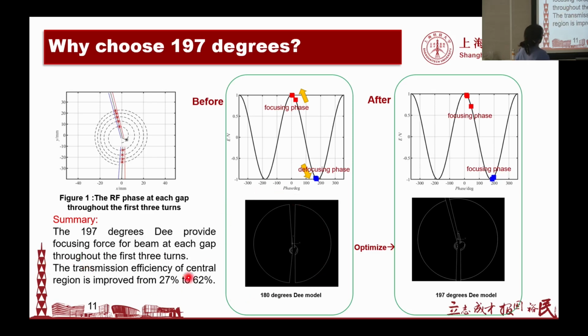In order to improve this efficiency, we change the dee angle to 197 degrees. In this case, the electric field will provide a focusing force for the beam at each gap in the first 3 turns. The transmission efficiency of the central region is improved from 27% to 62%.